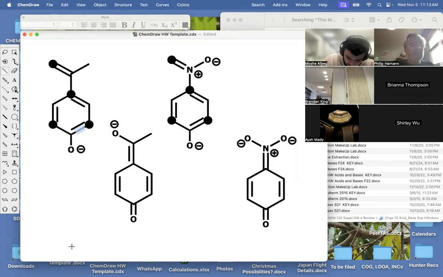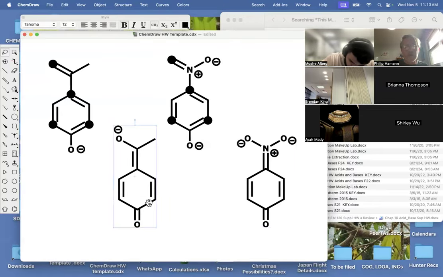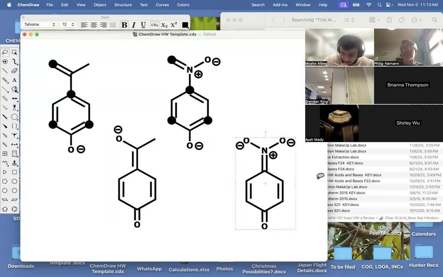Okay, so this is a teachable moment. Which is more stable, the structure on the left or the structure on the right? I'm going to tell you it's the structure on the right.